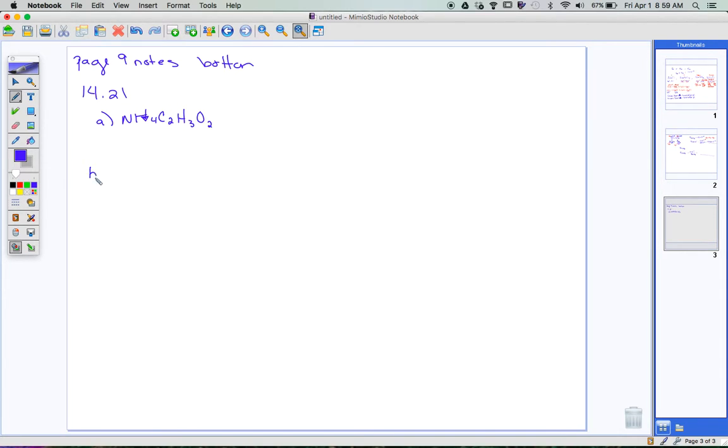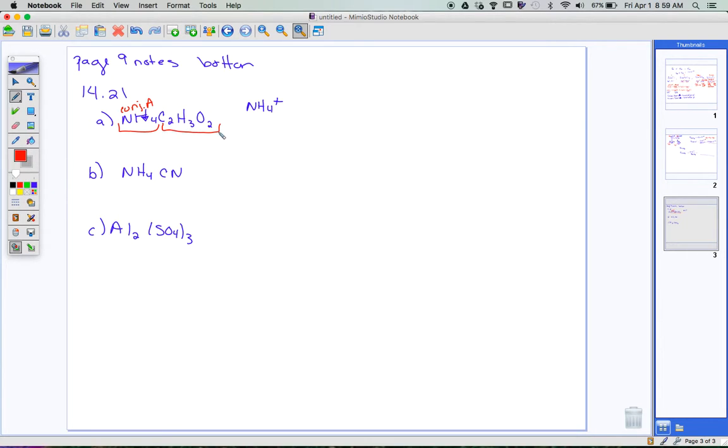C2H3O2, and then B is NH4CN, and C is Al2(SO4)3. All right, so the salts, you've got to divide them up into their parts, the cation and the anion. So NH4 plus, we have already calculated, is going to be functioning as a conjugate acid of a weak base, because it came from NH3.